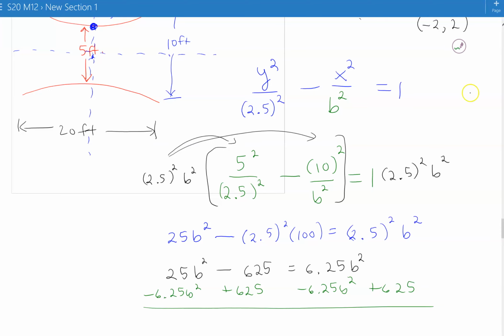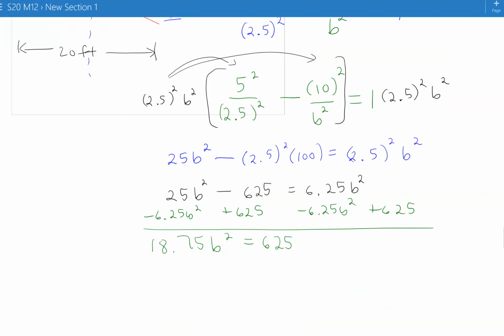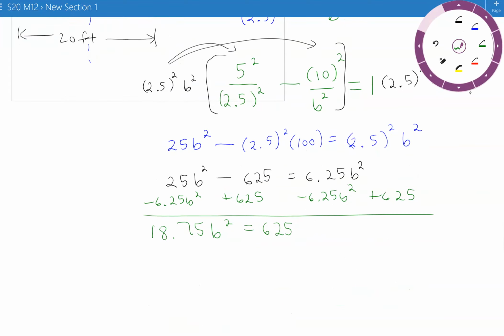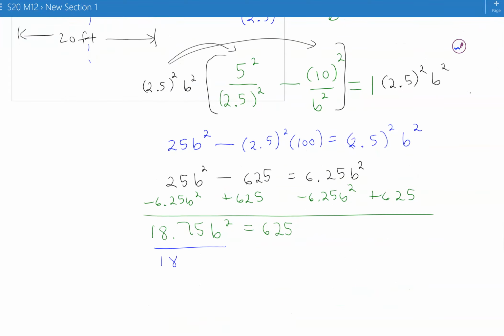So that's going to leave me with 18.75b squared equals 625. And then I'll divide both sides by the 18.75.